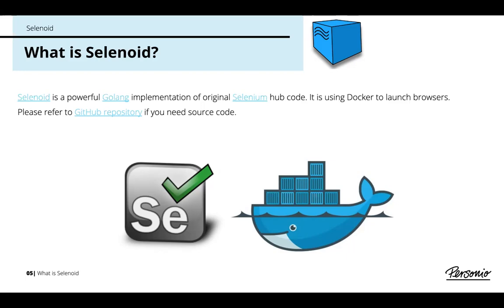And this is the implementation of the original Selenium hub code, but I would say it manages a lot of stuff that you could manage with the Selenium server on its own. So it spins up the Docker container, and with the help of the Docker API, it spins up the browsers inside of containers and communicates to them. Well, this is basically briefly what it is about.